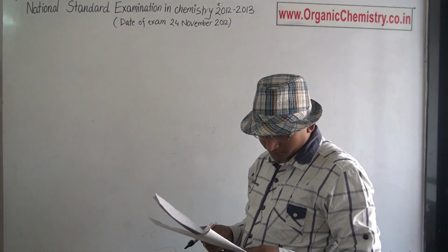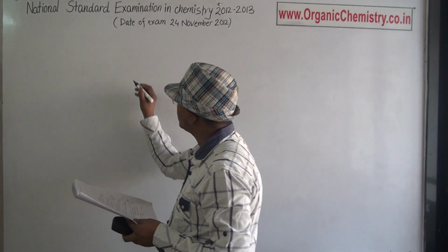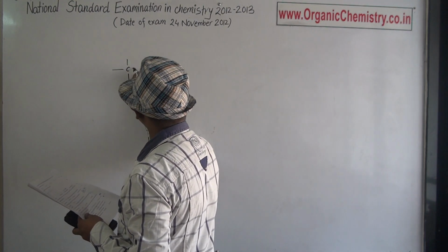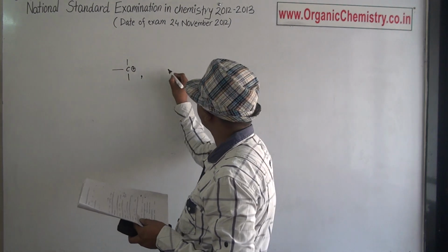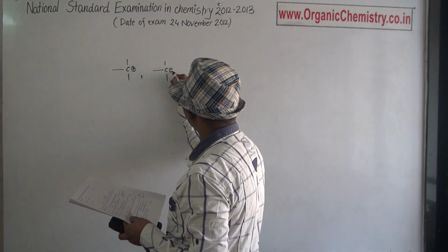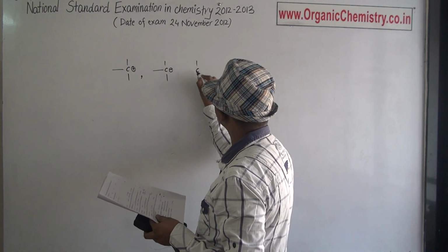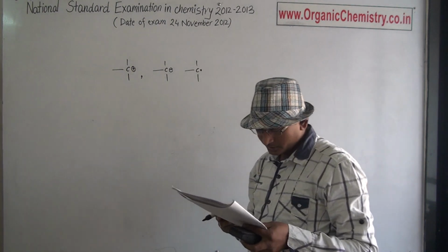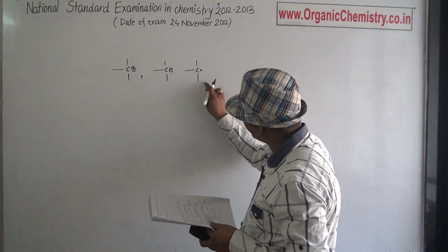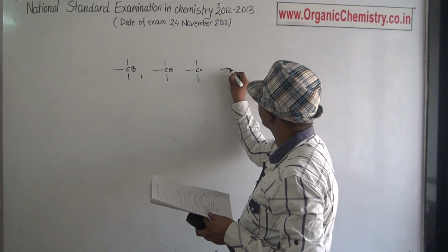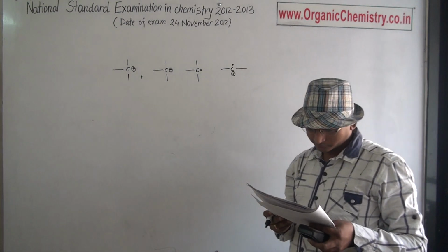The next question is on carbocation, carbanion, free radicals, and radical cation. This is a radical. If you remove this bond, this is the radical cation.